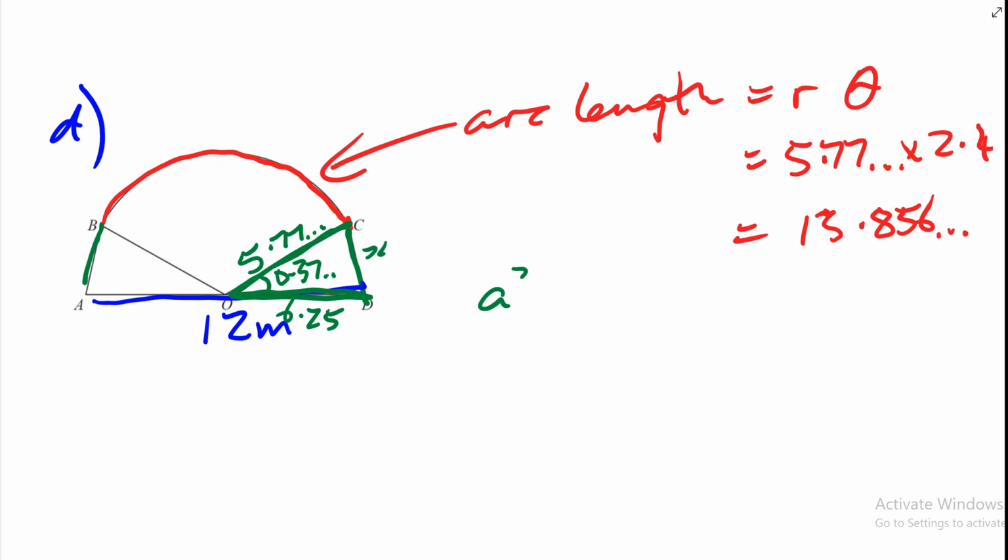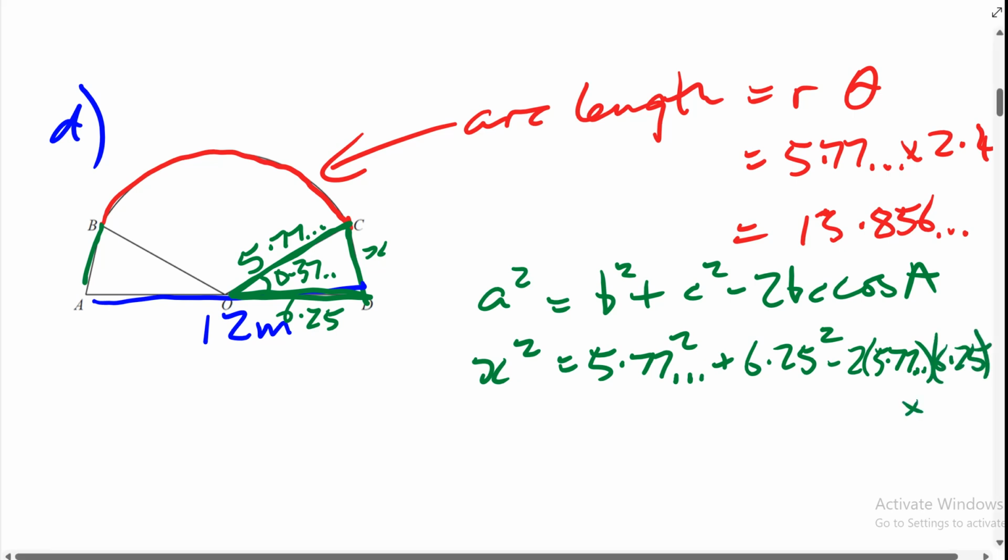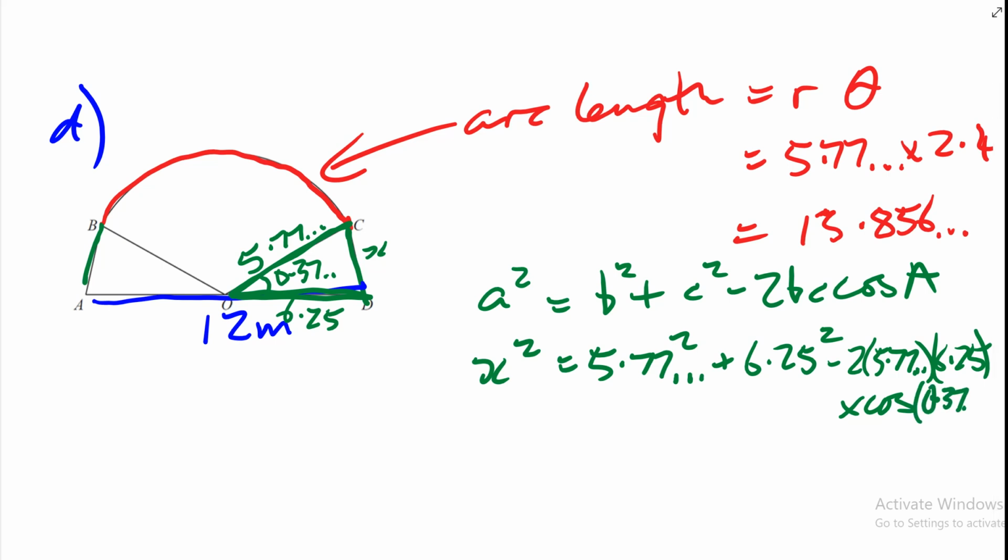So let's use the old cosine rule, back from GCSE times. So x squared is going to equal 5.77 squared plus 6.25 squared minus 2 times 5.77, 6.25, times by cos of 0.37.